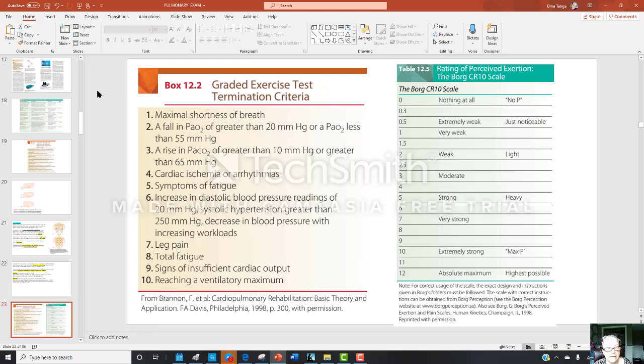A decrease in blood pressure with increasing workloads. So the harder they work, the lower their blood pressure goes. Leg pain, total fatigue, signs of insufficient cardiac output, and reaching a ventilatory maximum.